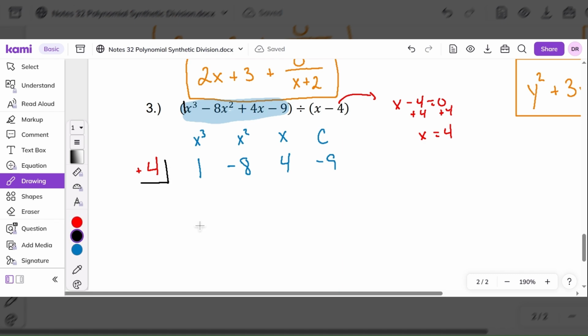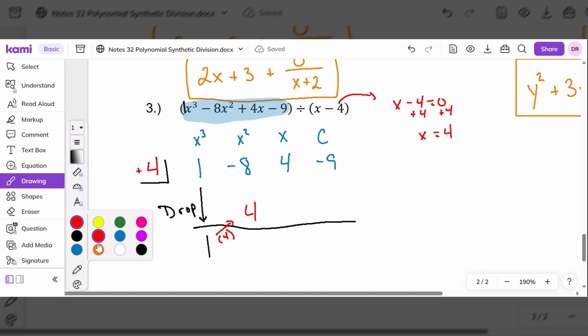Okay, but the steps are all the same. So I'm going to keep going. And again, if I go too fast, just pause that video, rewind as needed. Drop down the first term. So we're going to drop. We have +1. And now start your multiplication. So 1 times 4 is 4. We add those. And that gives us a -8 plus 4 is -4. Continue on. So we multiply again. So multiply that by 4. -4 times 4 is -16.